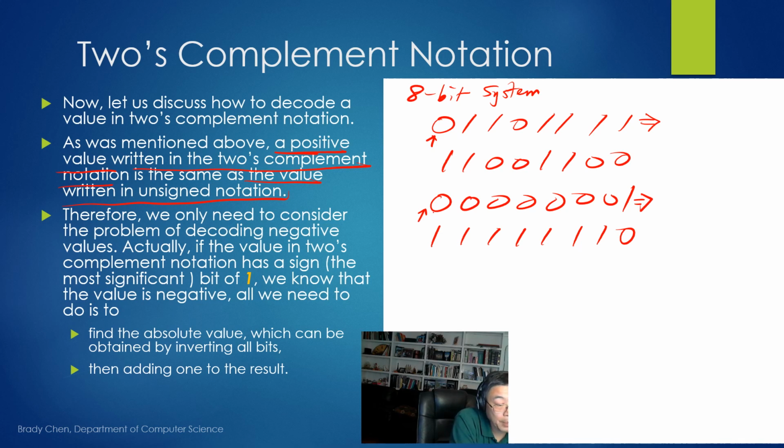Now how can we convert into a decimal number? Because this number is the same as binary representation, we can simply convert this number into a decimal value, right? The second one is easy because this is 1's position, and then 2's position, 4, 8, 16, 32, 64, and 128. The only value 1 is in the 1's position.